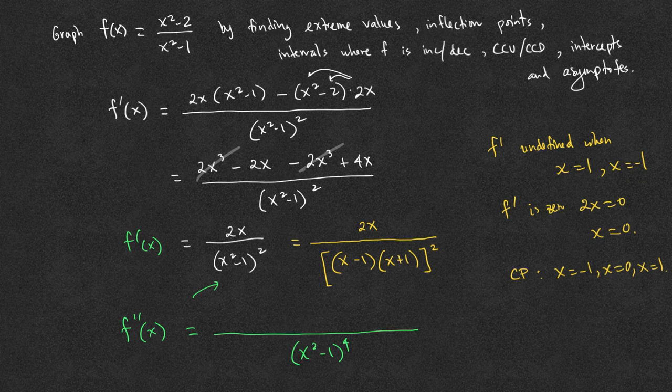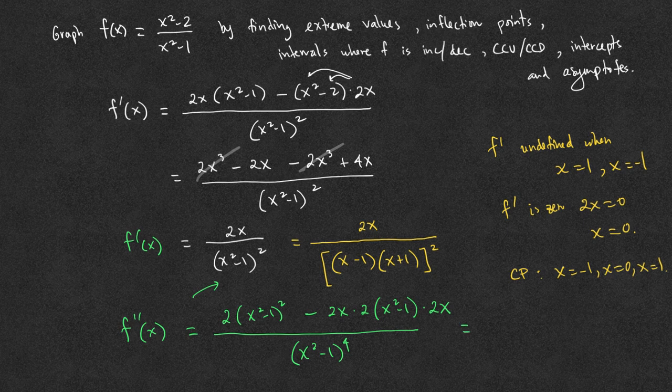We take the derivative of the numerator, which is 2 times the denominator, x squared minus 1 squared, minus, we keep the numerator, times the derivative of the denominator, which is 2 times x squared minus 1, we lower the power by 1, and then we multiply by the derivative of the inside function using the chain rule. The derivative of x squared minus 1 is 2x, and then we simplify this.